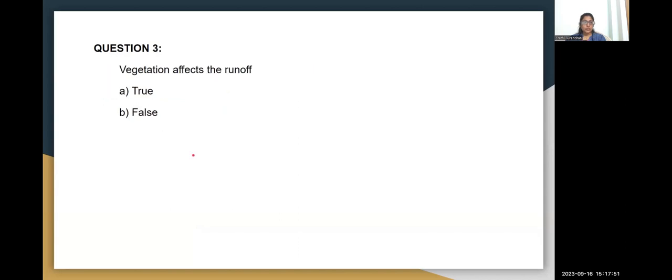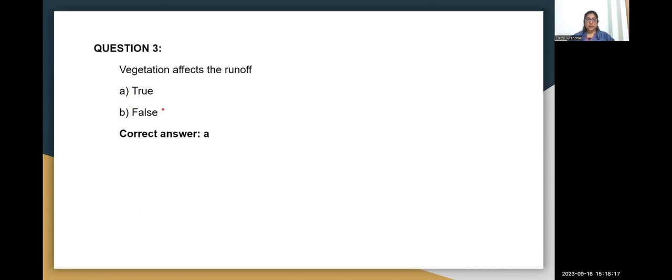Moving on to the third question. Vegetation affects the runoff. Is this statement true or false? Okay, so the answer is true.